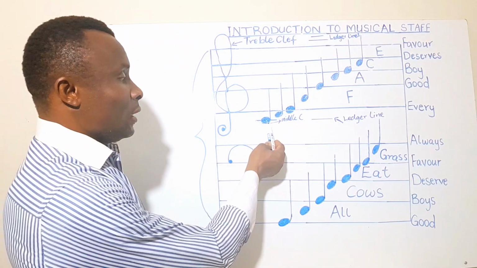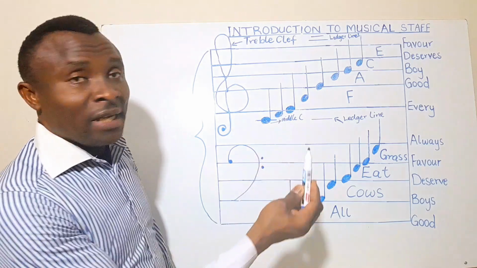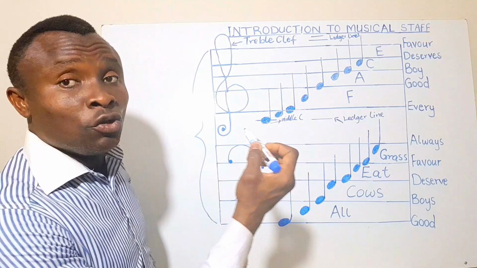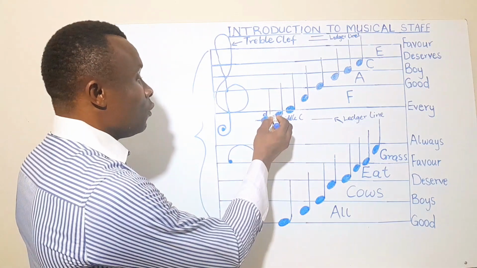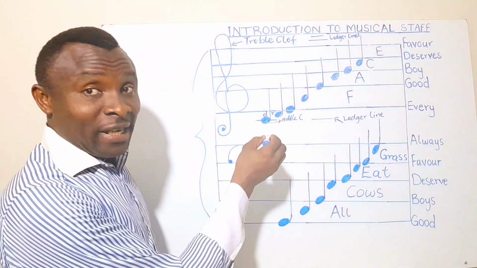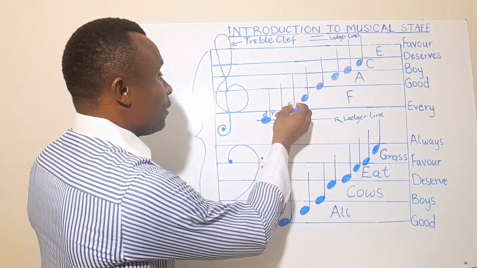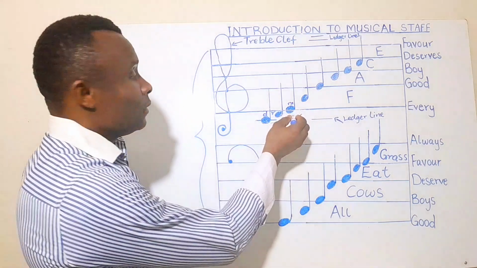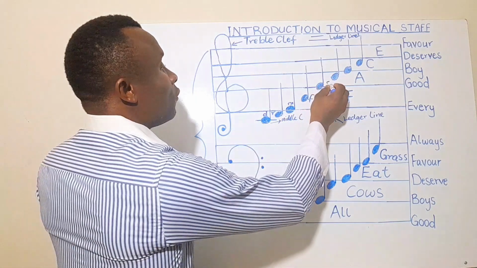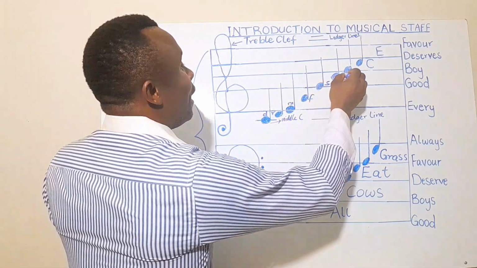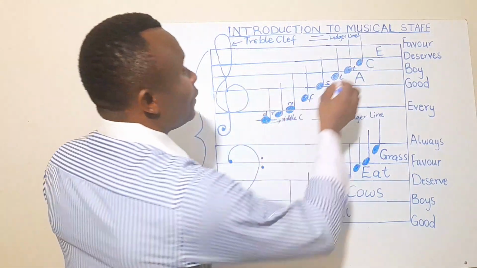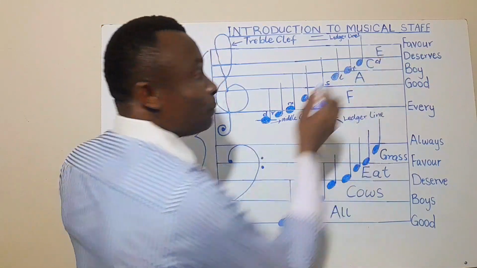And like we have here, this is our middle C, and we said that if we use this middle C as our do when we are running our scale, it's going to be do, that's the line, re, that's the space, mi, that's the next line, fa, space, so, line, la, space, ti, line, do, space.